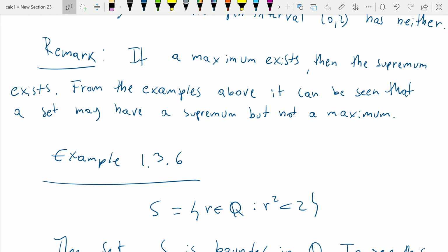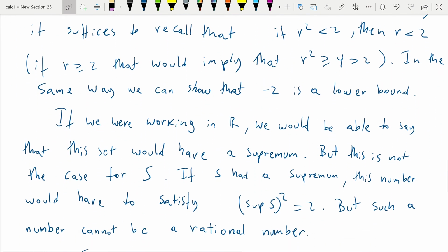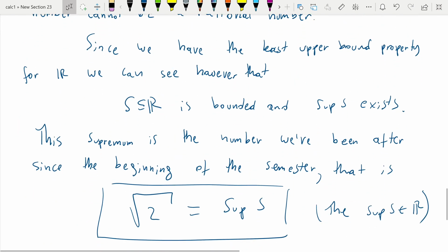So it still bounds every number inside the set S, and so that would certainly not be the least upper bound. And so the only possible conclusion here is that the supremum must be equal to a number r such that r squared is equal to 2. So that follows the same kind of ideas that we've used in previous modules.